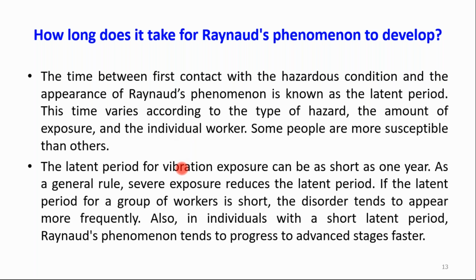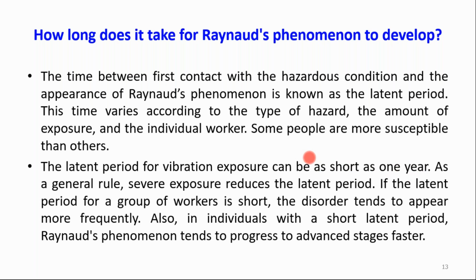The latent period for vibration exposure can be as short as 1 year. As a general rule, severe exposure reduces the latent period. If the latent period for a group of workers is short, the disorder tends to appear more frequently. Also, in individuals with a short latent period, Raynaud's phenomenon tends to progress to advanced stages faster. So the main thing is the latent period for vibration exposure can be as short as 1 year.